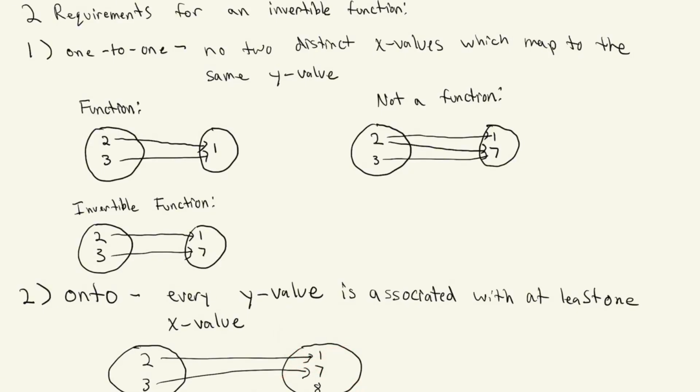So here, say again, we had that inverse function f inverse, and we put 8 into that. In this case, 8 doesn't map back to anything in the original domain, which would not meet this onto requirement. If we put 8 into f inverse, what would that value be? There's nothing it's mapped to in the domain. So this f of x is not an invertible function.